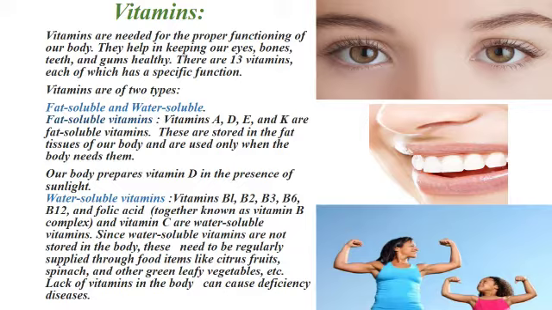So water soluble vitamins are not stored in our body. You have to take them from outside by eating citrus fruit, spinach and green leafy vegetables. Lack of vitamins will cause disease, and that is called deficiency disease.